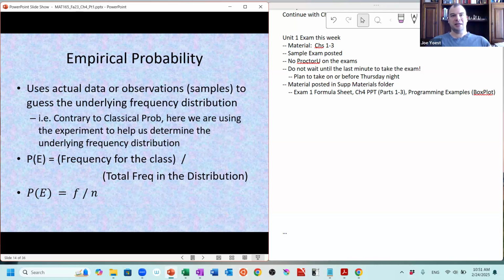And then from that actual real world experimental data, maybe I can make a guess at what I think the underlying sample space looks like. Maybe I can guess that it's 1, 2, 3, 4, 5, 6, approximately equally likely, based on a large sample.